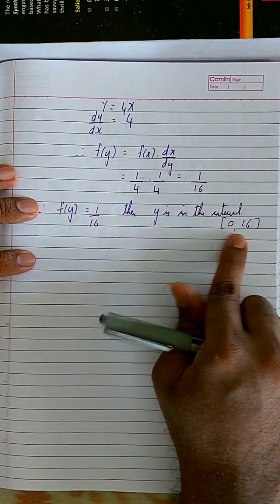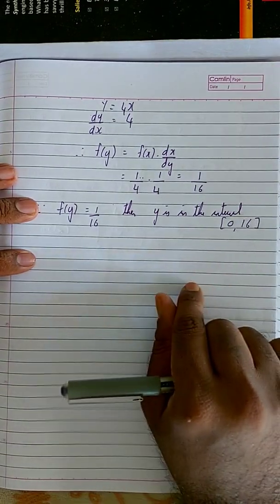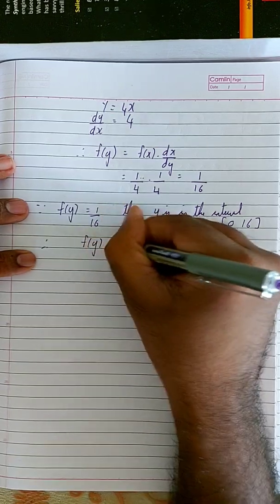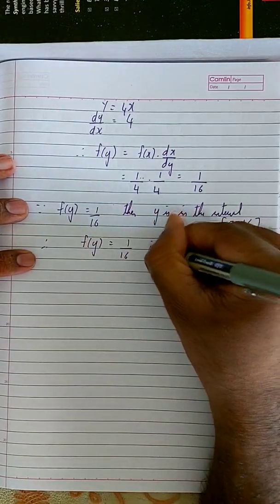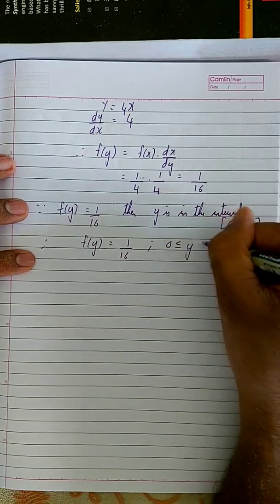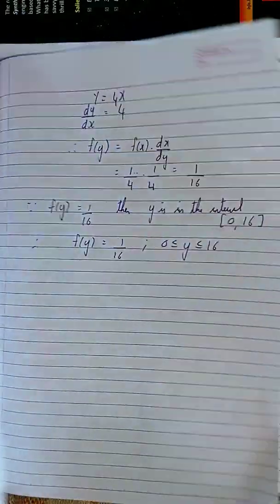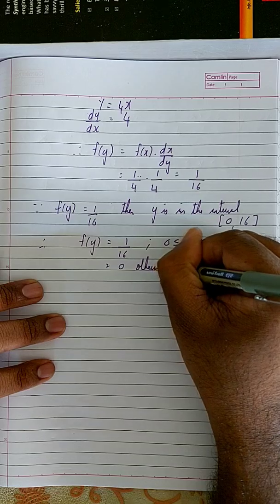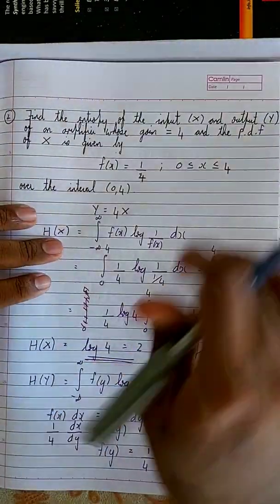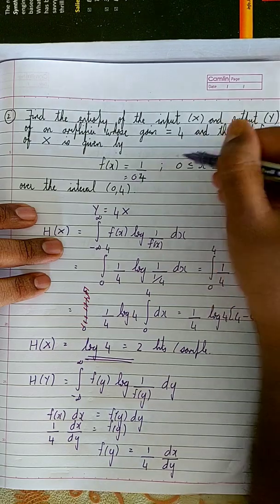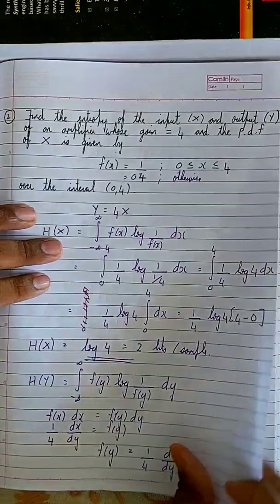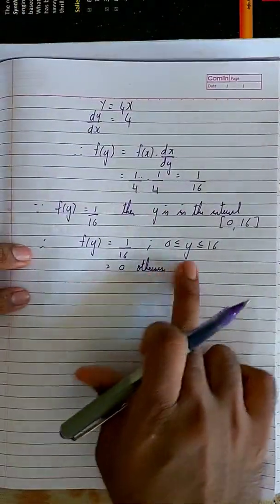So this is the interval of y, 0 to 16. So the equation for f of y is f of y equal to 1 by 16 for 0 less than or equal to y less than or equal to 16, just like your f of x, and f of y is equal to 0 otherwise. Over here also I'll write it, just for precision.